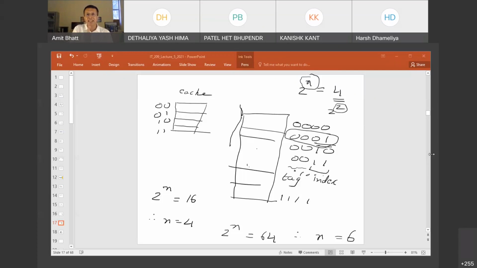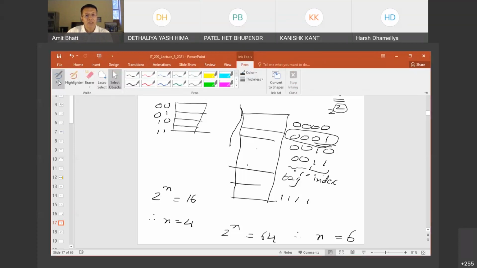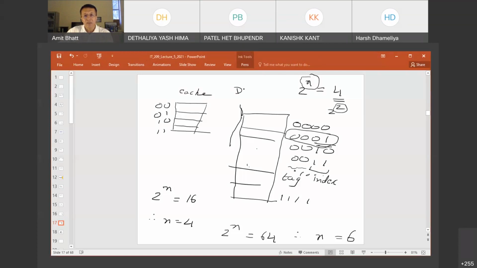So the time is less, and that is what we want. The first level cache should take minimum time to give you the answer that yes, I have it, or no, I don't have it. Right? That is the main concern, and this is known as a direct mapped cache.